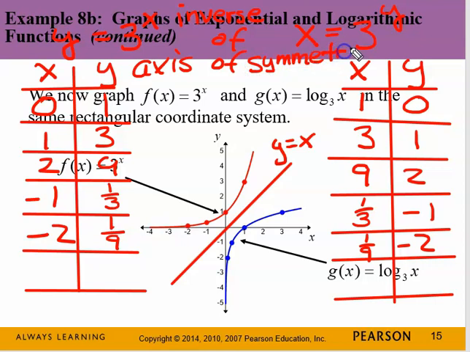And all these words are for your notes. Now, as the red curve gets closer and closer to the x-axis, it never reaches it. The fractions get smaller and smaller. So we call a line that something gets close to but never reaches an asymptote.